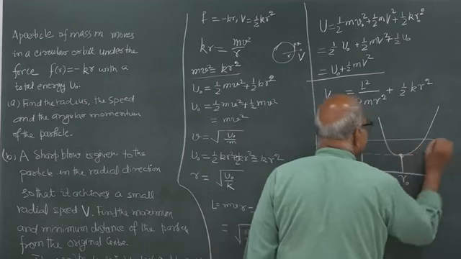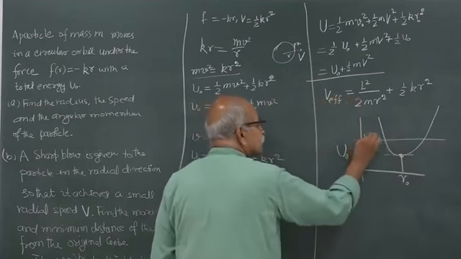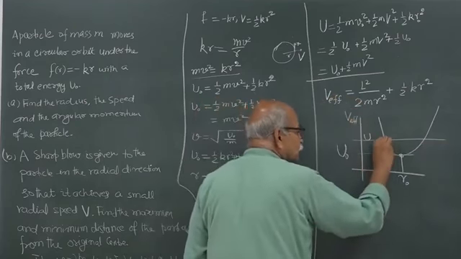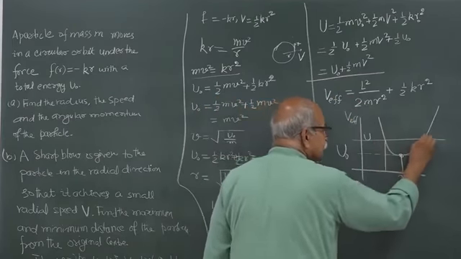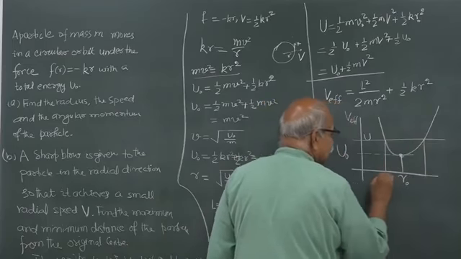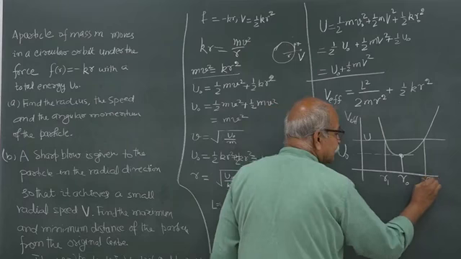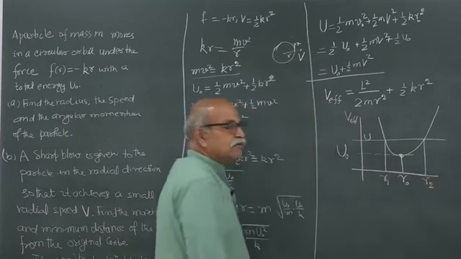But now, the energy is more. So, energy is here. This is the energy, and therefore, you have two turning points, r1 and r2. This is r1, which is the minimum distance from the origin, and this is r2, which is the maximum distance from the origin.